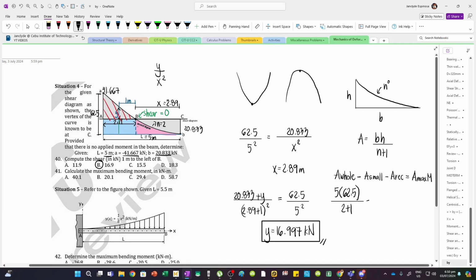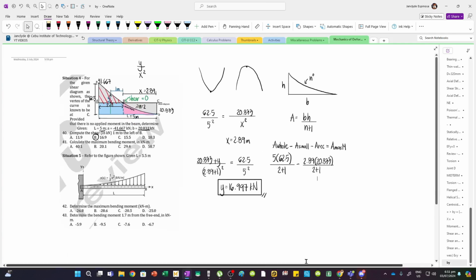And then minus the area of the small spandrel, the base is 2.89, so 2.89 multiplied by the height, which is 20.833. We're going to divide this by 2 plus 1.